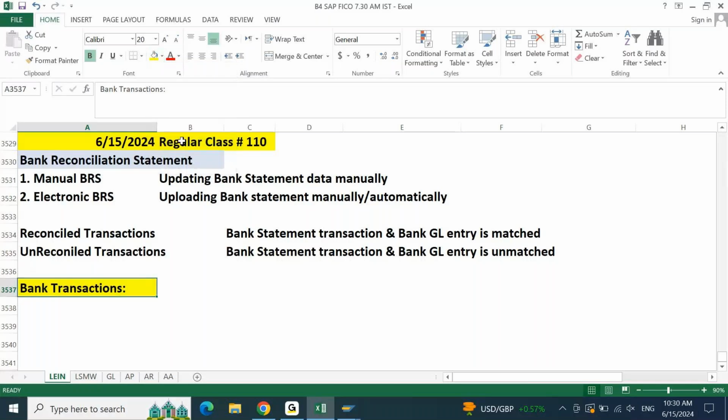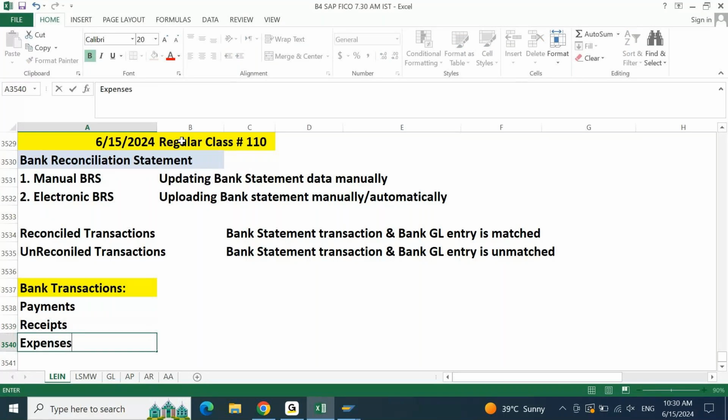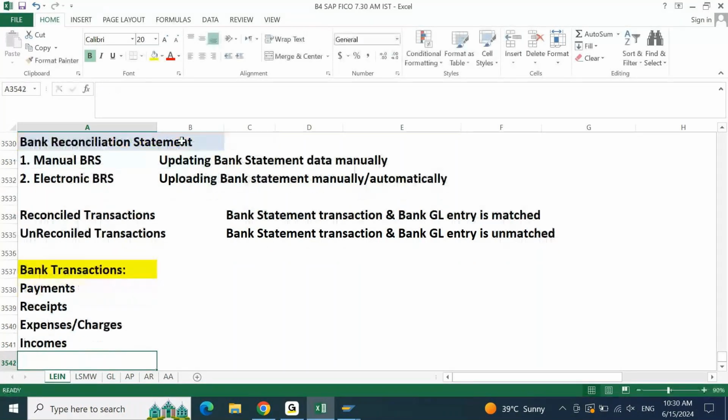In general, when you look at any bank transaction, you will have payments, you will have receipts, you will have expenses or also charges, you will also have incomes, meaning from the bank statement you will be able to see the payments that are initiated from your side, receipts that are received into your bank account, any expenses, any charges that are incurred by your bank account, or any income received in your bank account. These are the four broad categories that are possible from your bank statement.